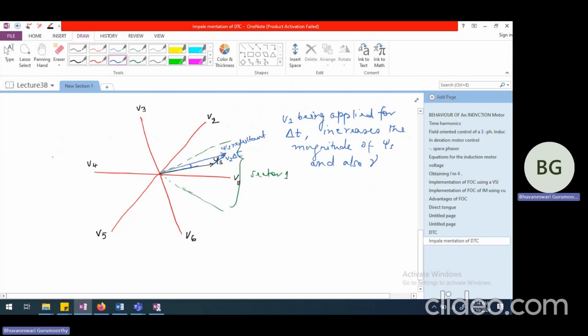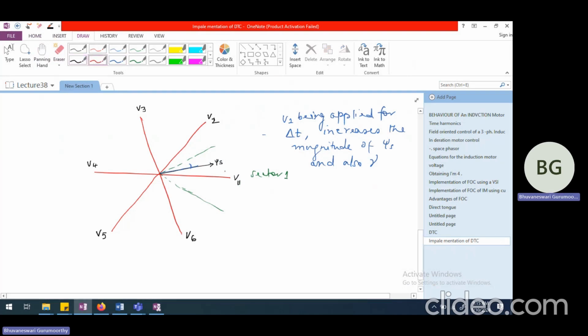The angle gamma also increases. So when psi s is lying in sector 1, applying V2 will increase the torque as well as the flux linkage value.